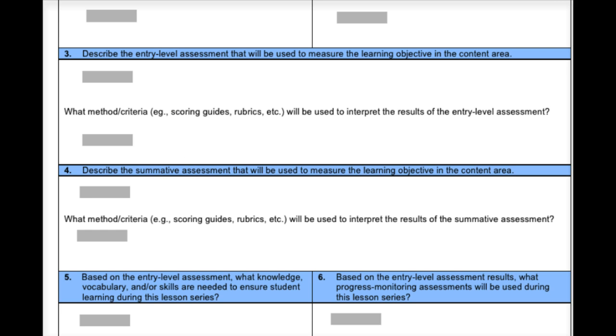If we are, then perhaps we're not going to be able to compare what our students needed from the entry-level assessment and how well they perform on the summative assessment. In addition, we want to ensure that we're using the same scoring criteria.